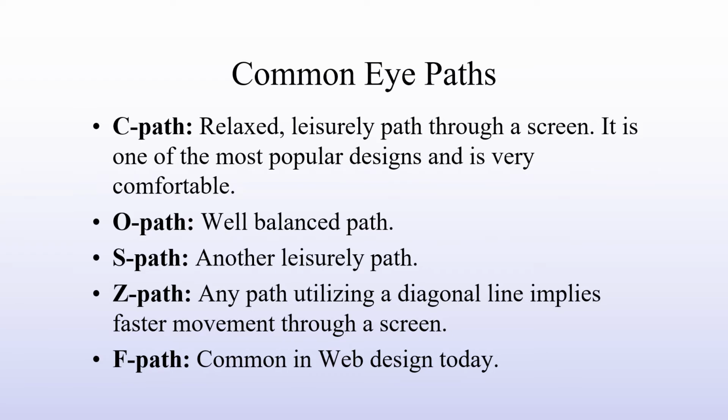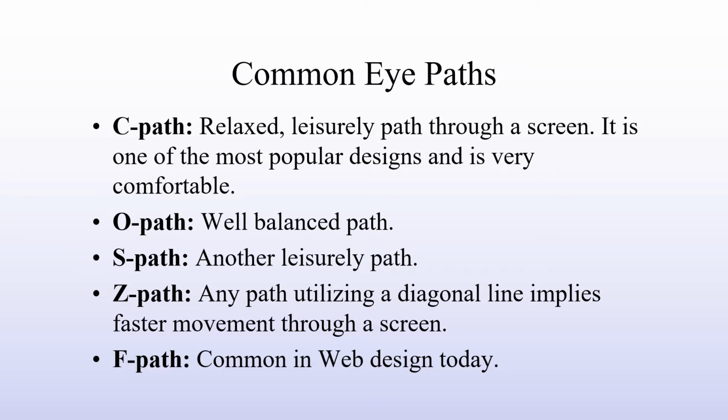There are several common paths created for the eyes to travel on a screen. One of the most common is the C path. When we're talking about a path that looks like a C, we're talking about actually having the user start in the upper right-hand side of the screen and travel around as if we drew a letter C right on that screen.